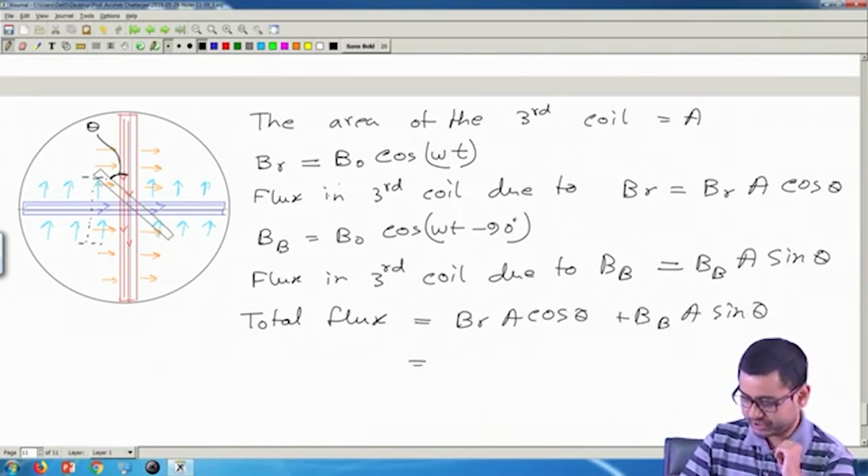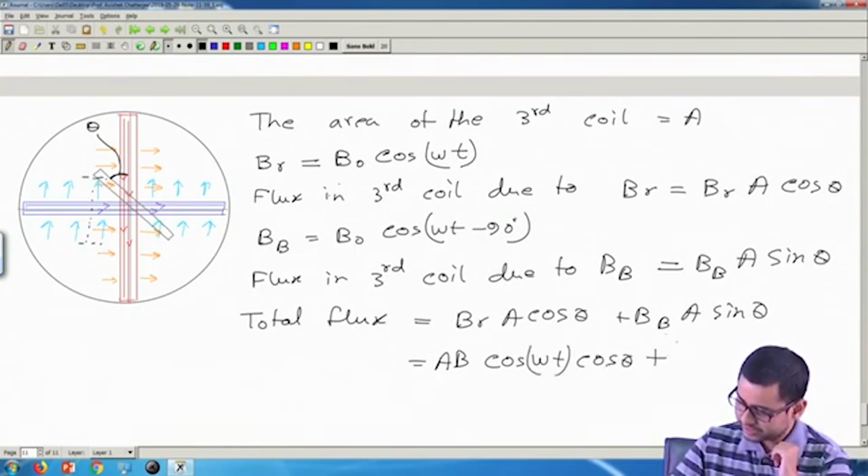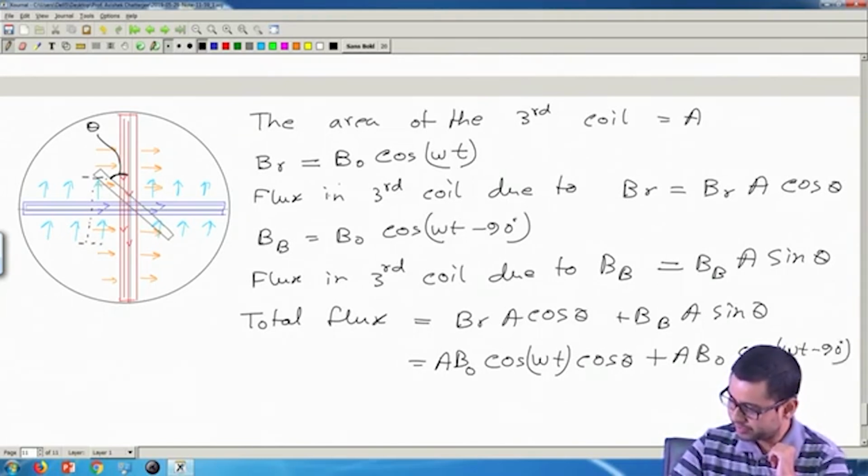Now some simple algebra we can perform. In place of Br, we write B0 cos omega t. So this becomes A B0 cos omega t cos theta, plus here we will have again A B0 cos(omega t minus 90 degree) multiplied by sin theta.